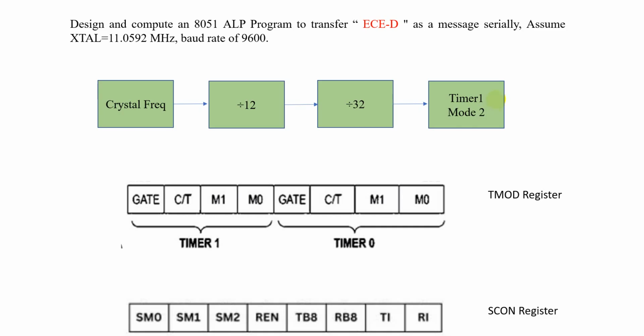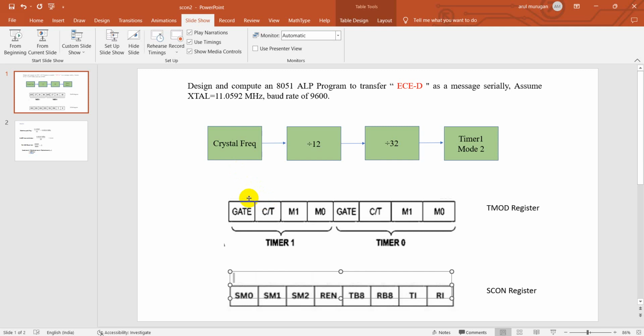While performing serial communication in 8051, we need to know two registers. One is the timer mode register, TMOD, and the other is the serial communication register, SCON. First, the TMOD register: as I told you, for serial communication we have to use only timer 1, so make it timer 1 with mode 2.